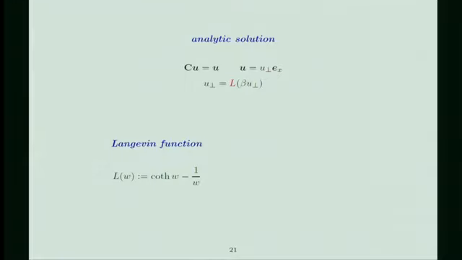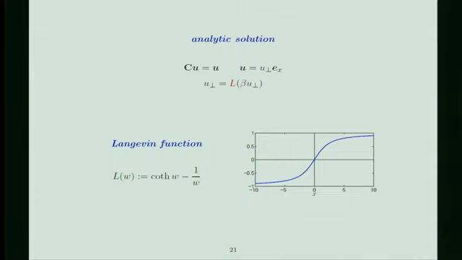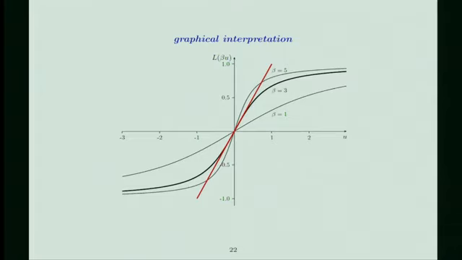And this L is the traditional Langevin function, and so you need to solve this problem, which can also be visualized graphically. By simply plotting L of beta U against U, and knowing that the Langevin function has slope 1/3 at the origin, you immediately realize that the critical value of beta, for which there is more than one solution, is beta equals 3.